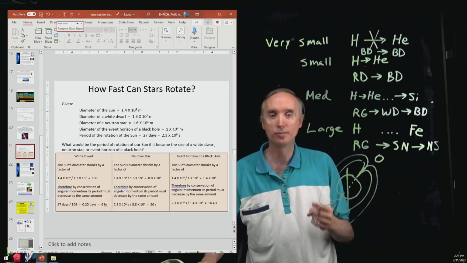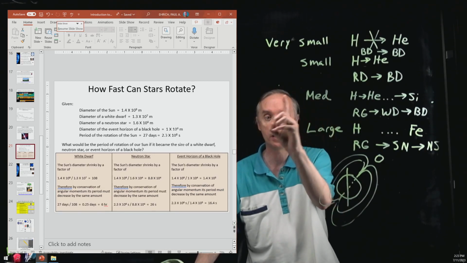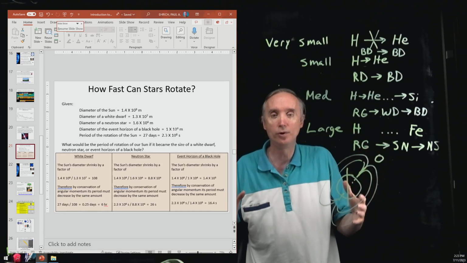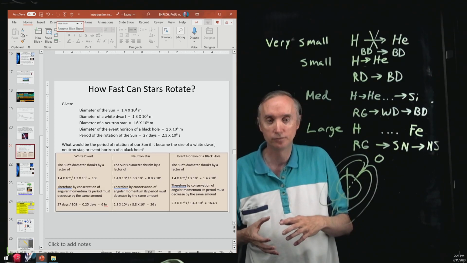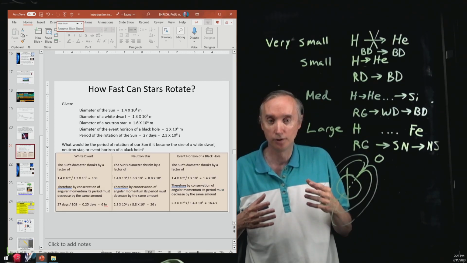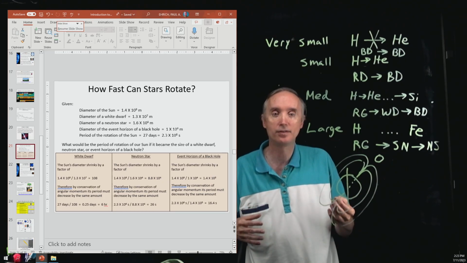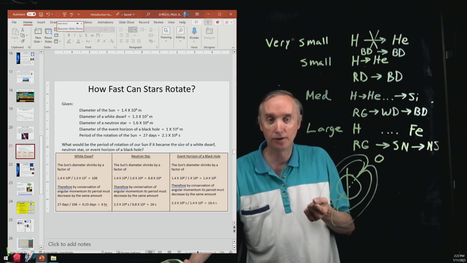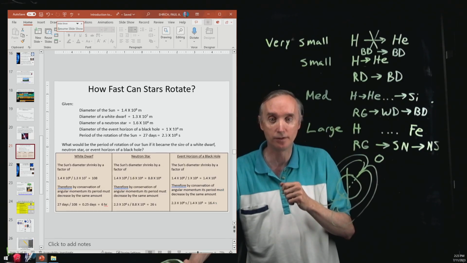So if we assume that the sun is rotating once every 30 days and the sun has a certain diameter, what would happen if our sun was to turn into a white dwarf? So we know the average radius of a white dwarf. So let's say that the radius of a white dwarf is 100 times smaller. Therefore, the speed of rotation would increase by 100 times.